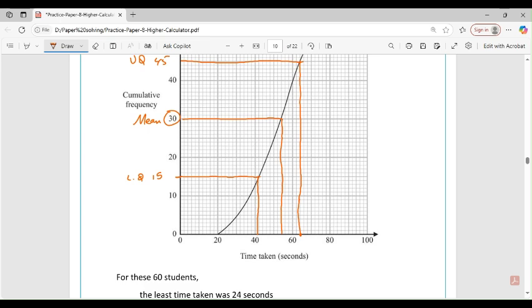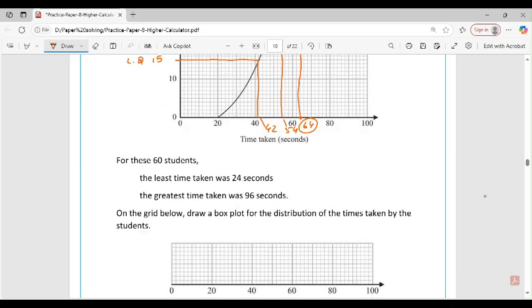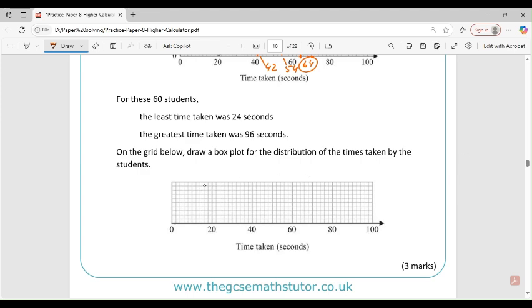Now when it comes to finding out, this one you know very well, this is 42, and this one is 54, and the next one is 64, because each line is for 2. Now these three are taken, all the values are with you, so you can go ahead and see on a grid below, draw a plot for the distribution of time taken by the students.